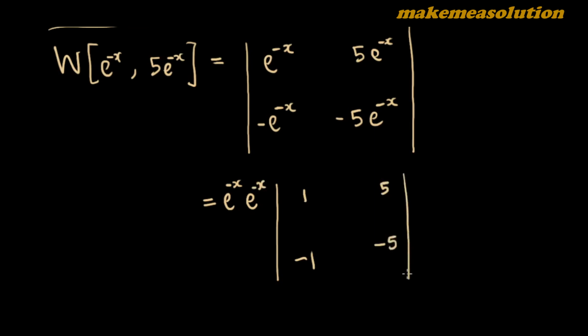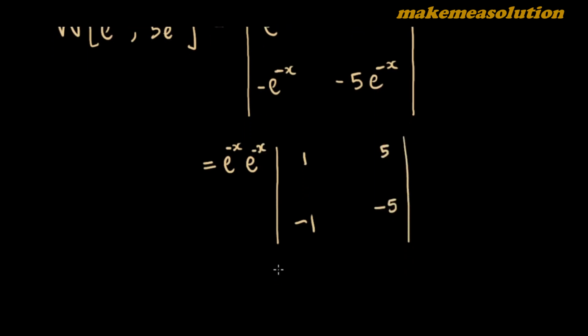Is that okay? So you can now discover that our Wronskian of exponential minus x and 5 exponential minus x is going to be exponential minus x times exponential minus x, which according to indices will be exponential minus 2x.